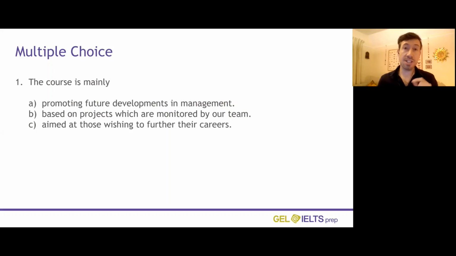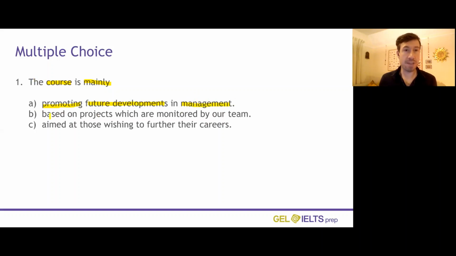So the first thing that we need to do is to highlight the keywords. So we've got the course and mainly here. Now, not just the keywords in the beginning bit of the question, we also need to highlight the keywords in the answers as well. So here we'd have the course is mainly promoting, the verb, future developments, a noun phrase, in management, another noun.